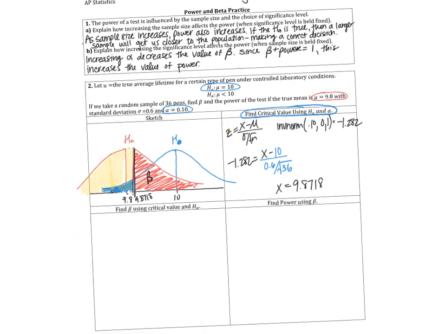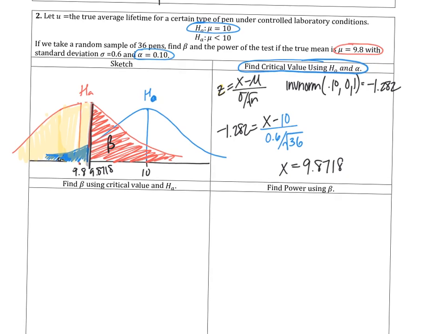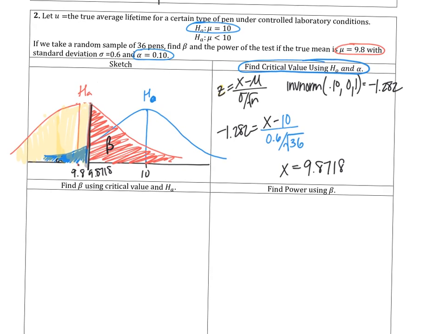All right, so now I want to find beta using the critical value and the alternate. So we've used the null hypothesis curve to find this boundary line, and that's all we used it for, because alpha and beta share a boundary line. So once we get this boundary line, we are done with this curve because we don't think it's true. We are assuming the alternate is true.